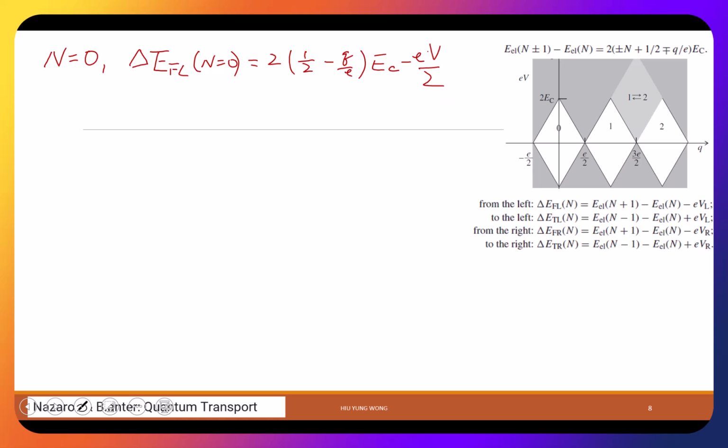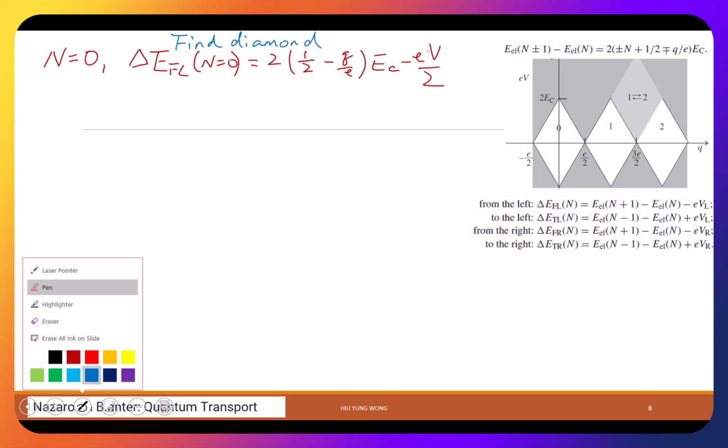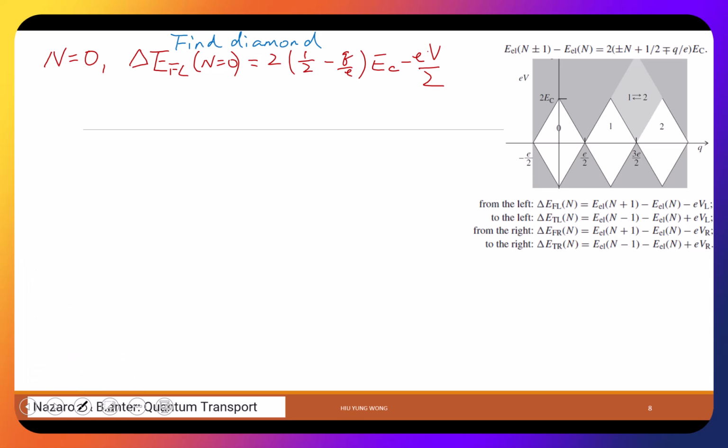So maybe I should be more clear, right? I find the diamond. When I say find the diamond, it means Coulomb blockade, so this needs to be larger than 0.